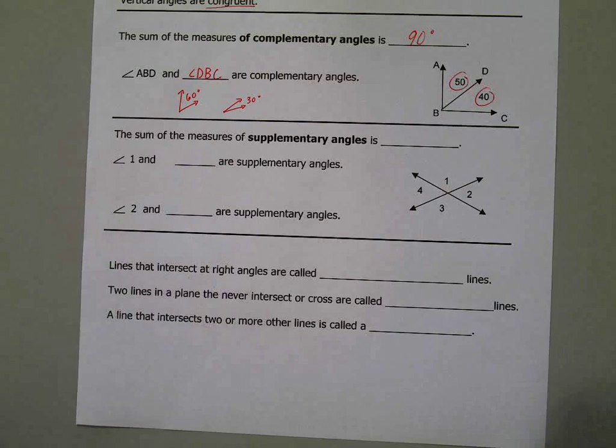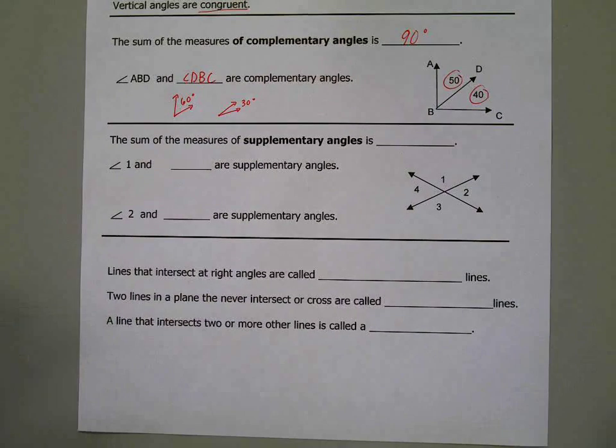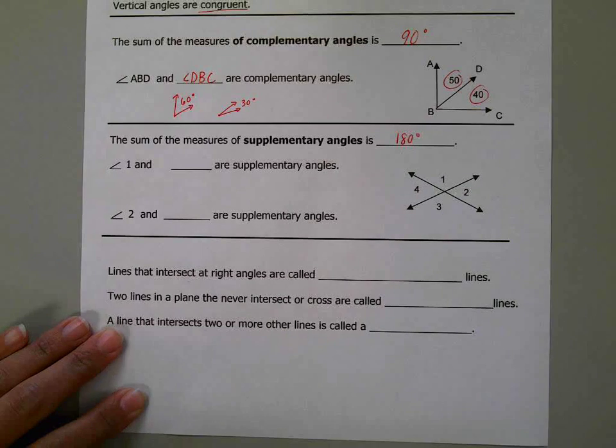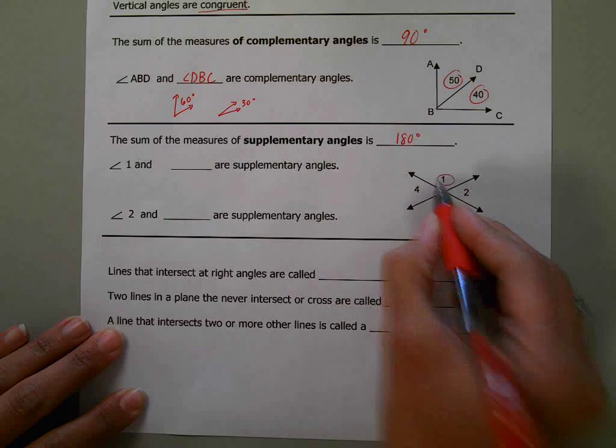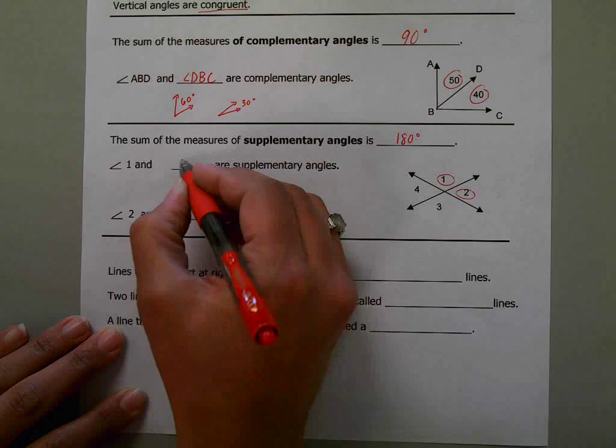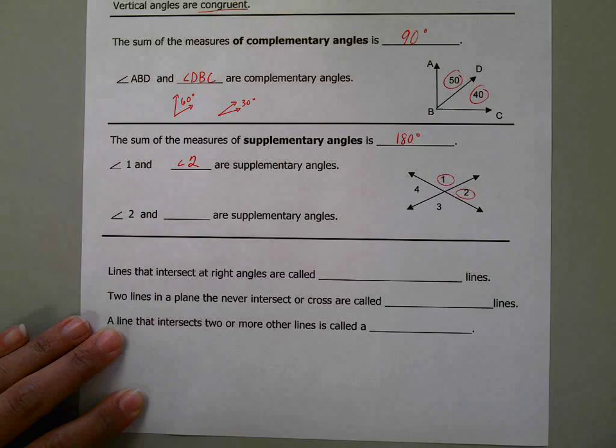Okay, our next type of angle relationship is supplementary. The sum of the measures of supplementary angles is 180 degrees. So angle 1 here and angle 2 are supplementary angles.